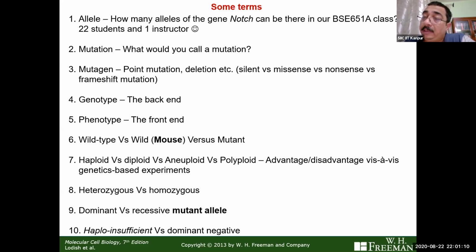But in the heterozygous, if you see that the body size is larger than normal, then you know that it is that one allele which generally gives rise to larger body size that is dominating the phenotype. Recessive allele, its phenotype will be visible if both the alleles are the same. So it is homozygous. Only in the homozygous condition you get to see the phenotype of the recessive allele.